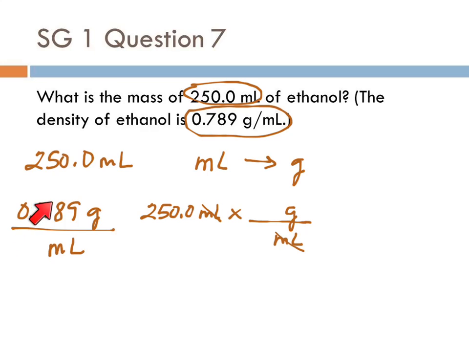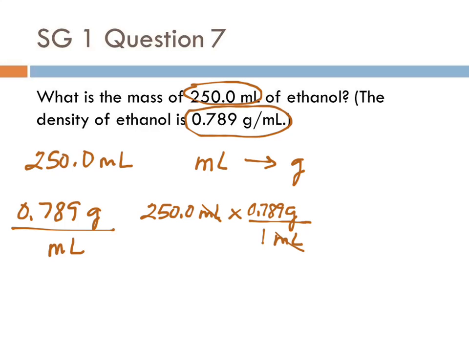Now we look at our density, and we see that there's a number with grams, and there's no number with milliliters. So 0.789 goes with grams. If it bothers you that there's no number on the bottom, you put the number 1 down there, because that doesn't change anything.